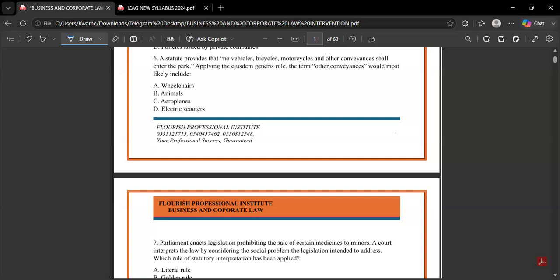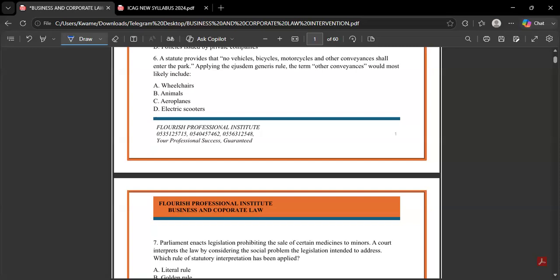So vehicles, they convey people from one place to the other. Same applies to bicycles and motorcycles. So electric scooters will also be something close, which conveys people from one location to the other. Yes. Exactly. All right.